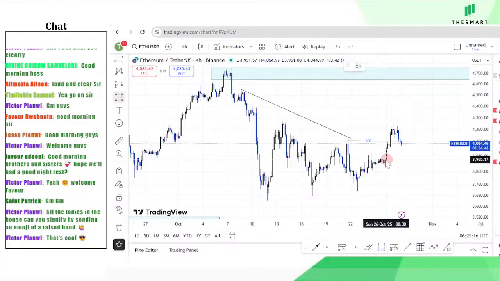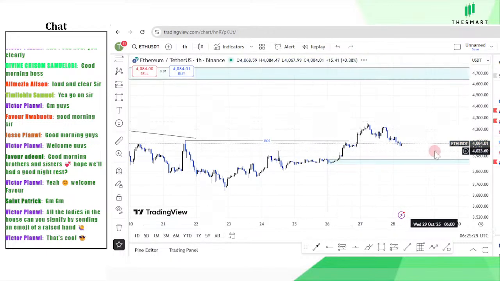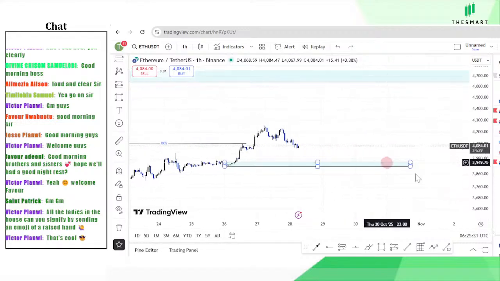We have this zone as the order block. We want to see this pair come back into it. So from the 4 hours, you've seen that we are looking for more buys to the upside. So let's refine this to the 1 hour.